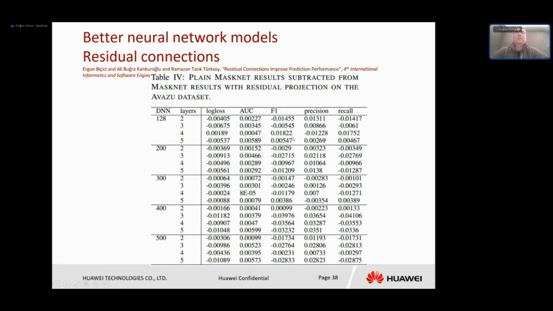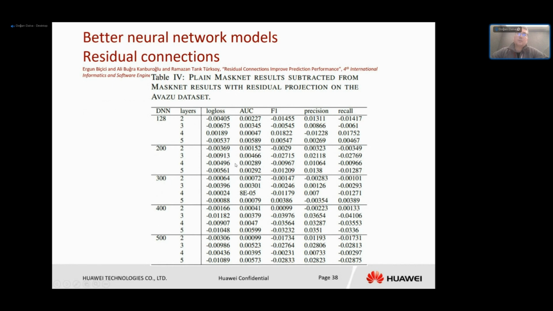And when we increase the DNN size from 128 to 500 and the number of layers used from 2 to 5, we compare the performance of MassNet with MassNet using a residual connection. And the results show different results.